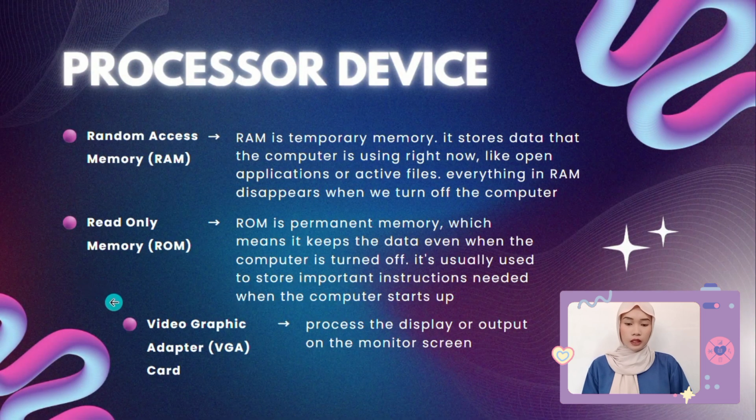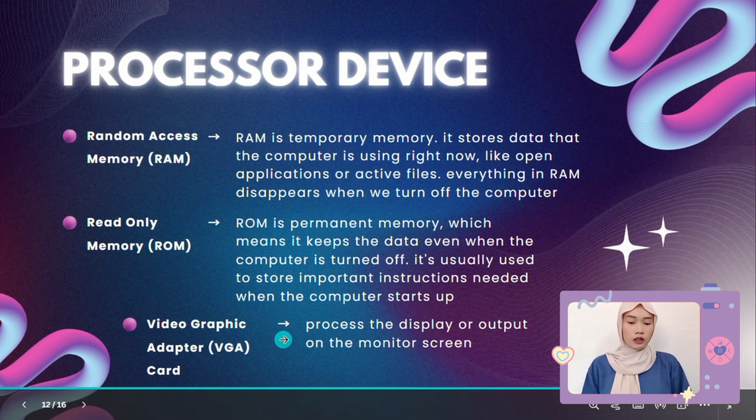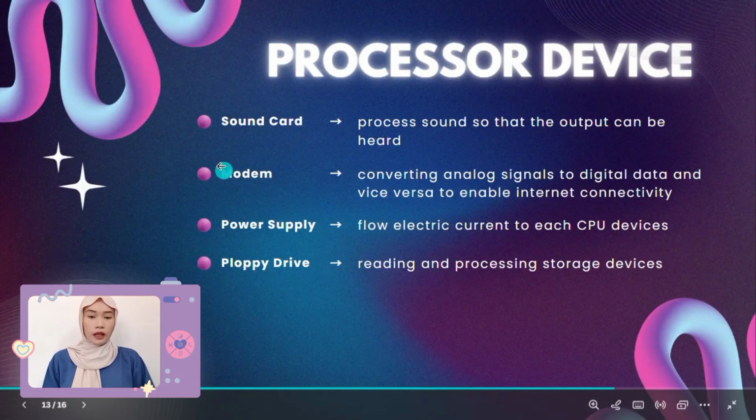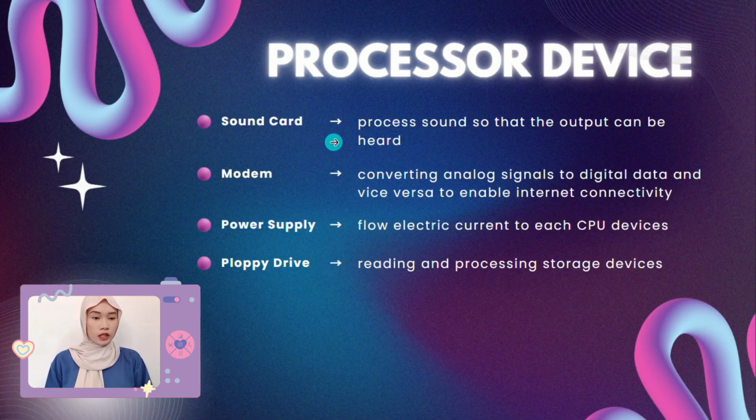The next component is video graphic adapter or VGA card. The main function of VGA card is to process the display or output on the monitor screen. And then the sound card component is used to process sound so that the output can be heard.